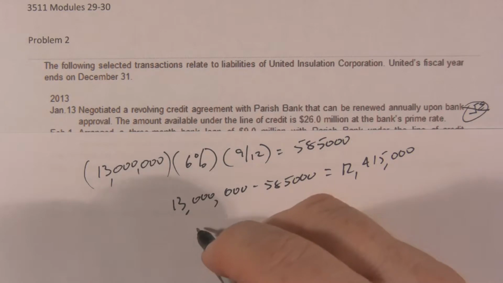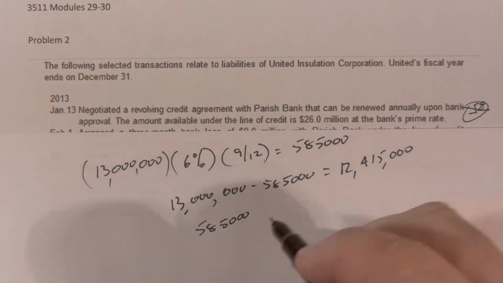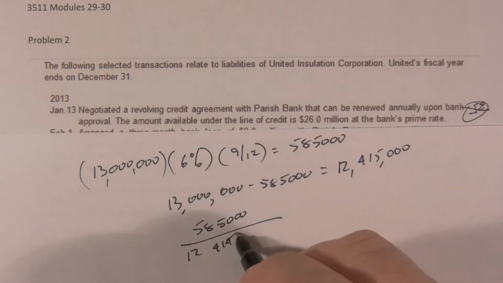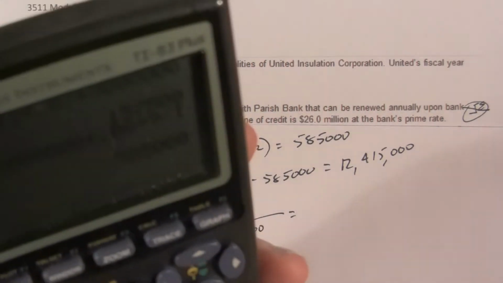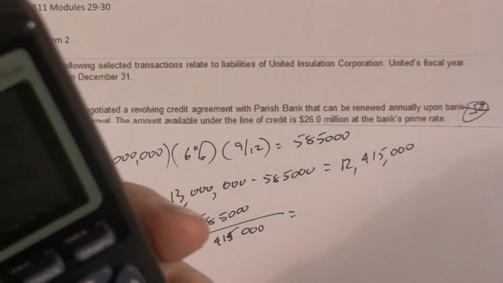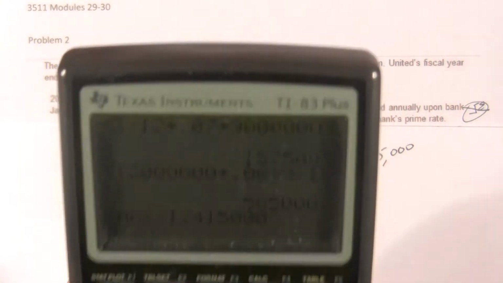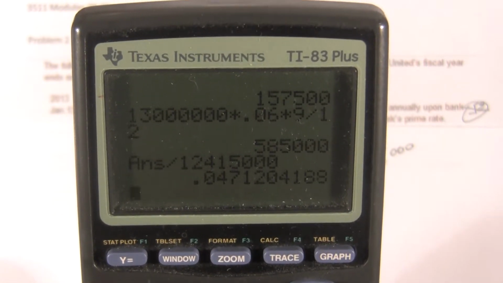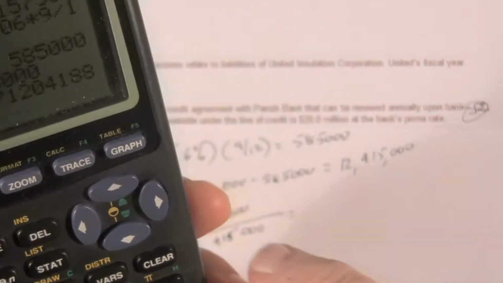So we need to take the $585,000, the amount of interest we're paying, the discount, and divide it by the $12,415,000 that we actually borrowed. And somehow I managed to screw up, because that's not even close to the right answer. Let me try that again.